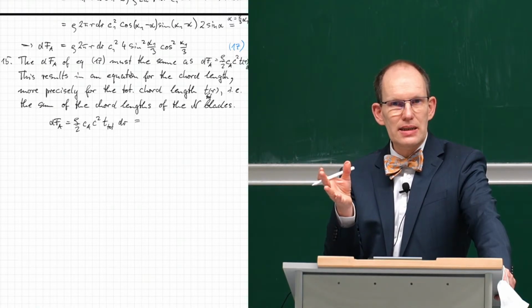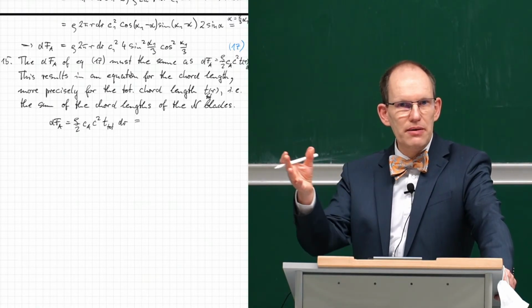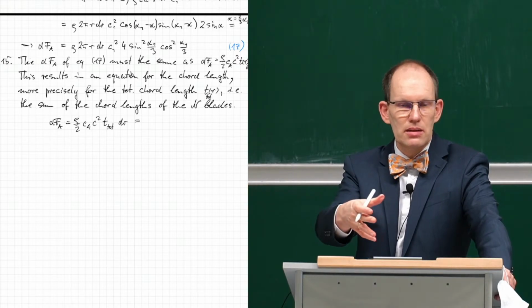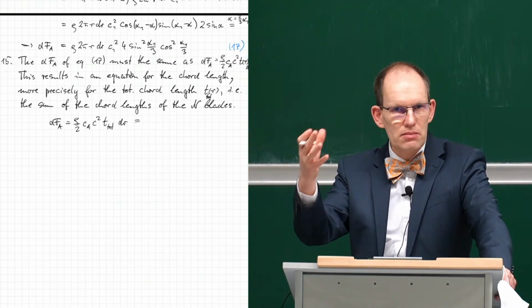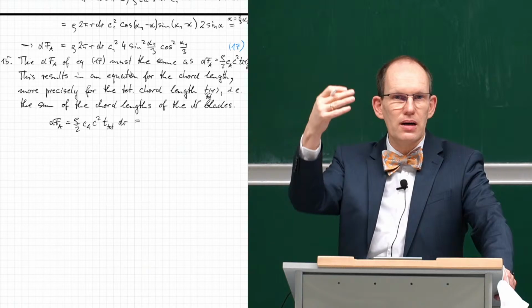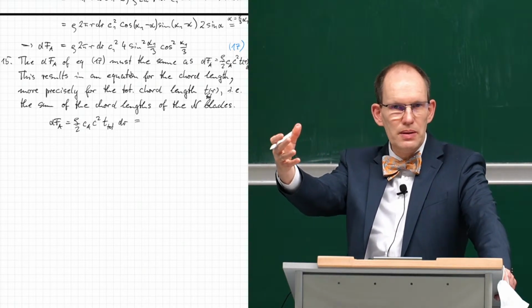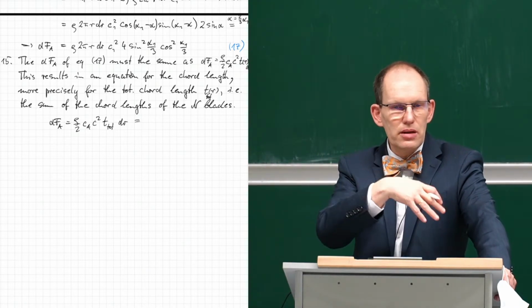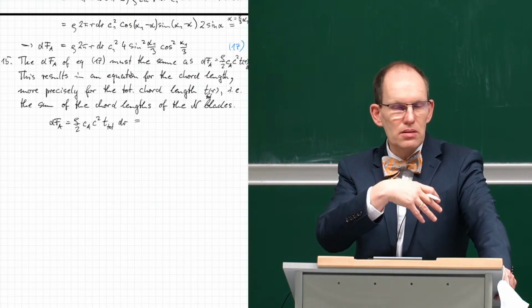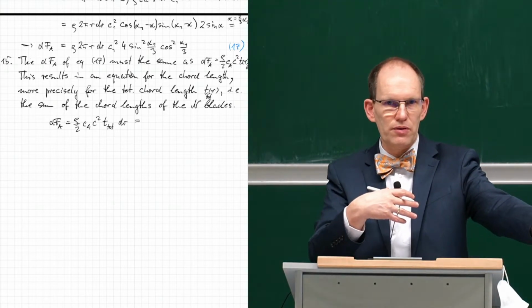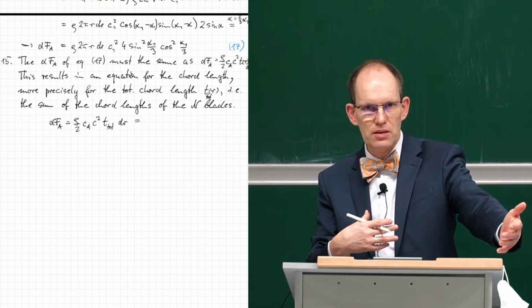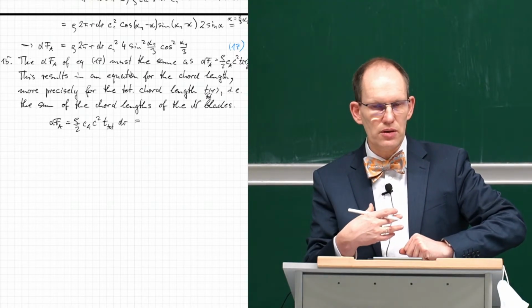Because C1, this is the relative wind speed far in front of the windmill, and this is closely related, of course, to the wind speed far in front of the rotor plane.